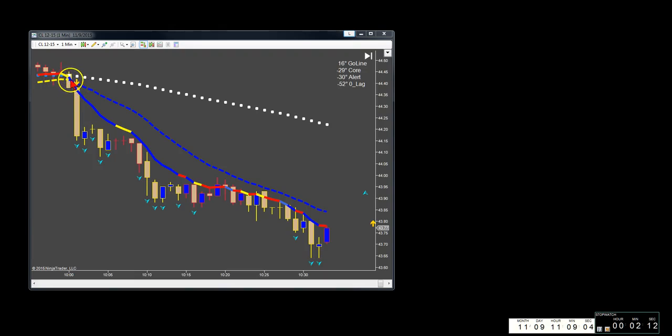The other thing you want to see is that the go line is going in the direction that you want and has changed from yellow to blue. And the first candle of entry should be OBOS. And I suggest you enter on a market order.